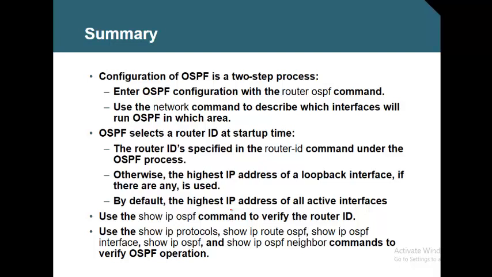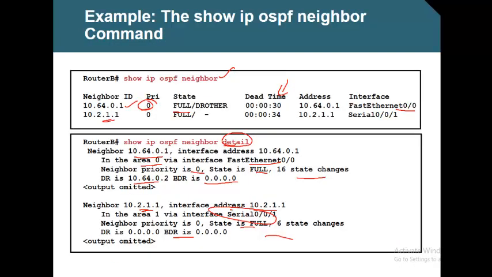Can you go back to right here where it says neighbor ID? I gave you that neighbor ID, and then over here where it says address, where is the neighbor, and where is the router that has the neighbor?